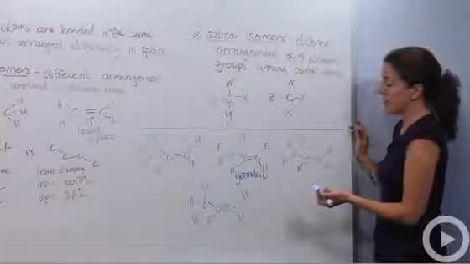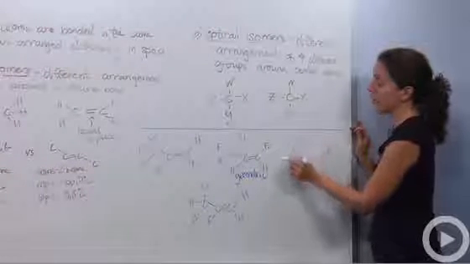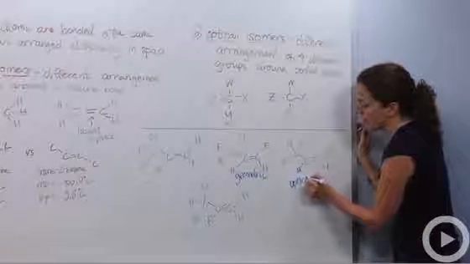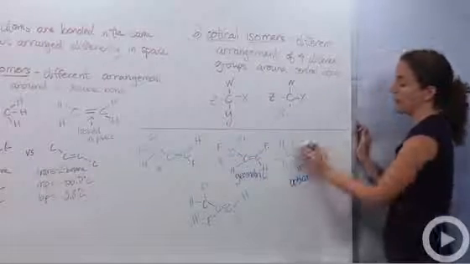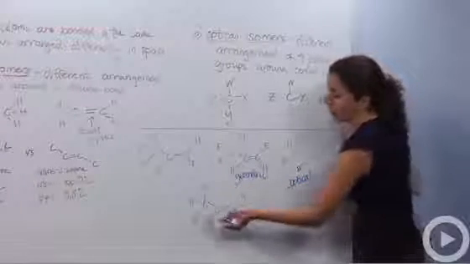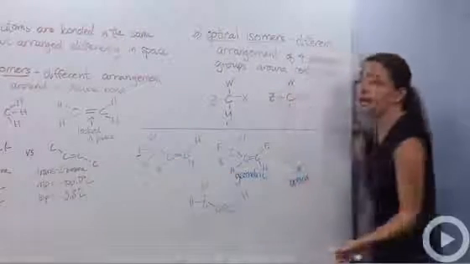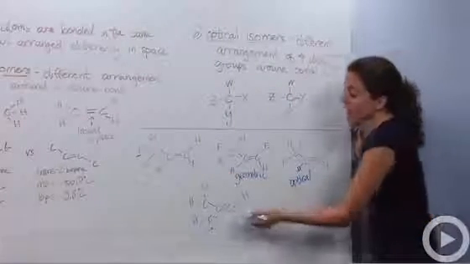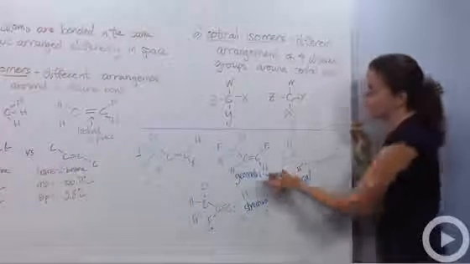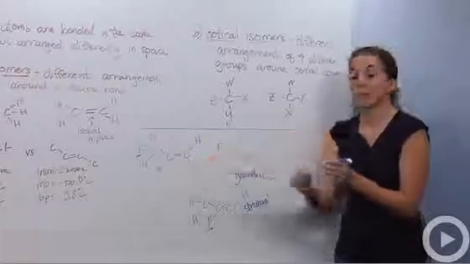This one has a different arrangement on this carbon. It's chlorine, hydrogen, fluorine, and this carbon has chlorine, fluorine, hydrogen. This is an optical isomer of this particular one because around here they're arranged differently. Down here, if we look at the difference between this guy and this guy, fluorine's down here, where fluorine's up here. It's attached to a completely different carbon. So we're going to call this a structural isomer. So this is an example of the three different isomers compared to this particular guy. These guys are all isomers of this one.